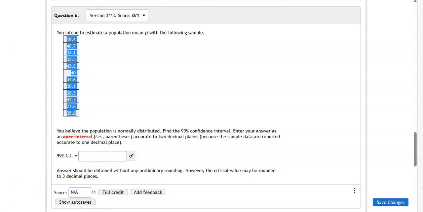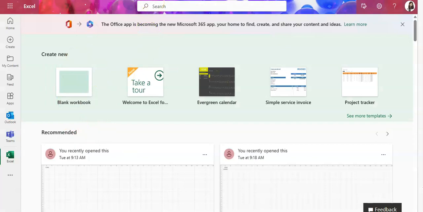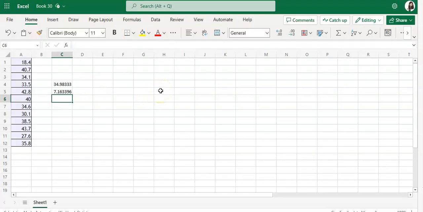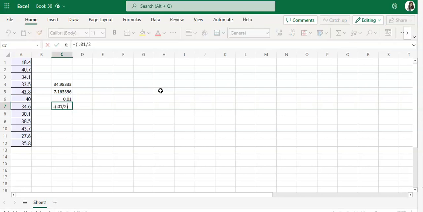But first, we have a 99% confidence interval. I will go back to Excel here, and we have to take 1 minus 0.99. That's 0.01. And then I want to take 0.01 and divide it by 2. And that, of course, is what we do for every single confidence interval, regardless of its size. So we're now going to look up what this would be on the t-distribution.